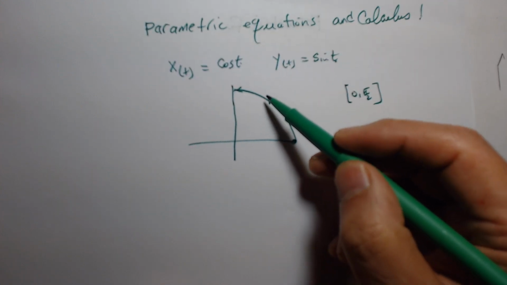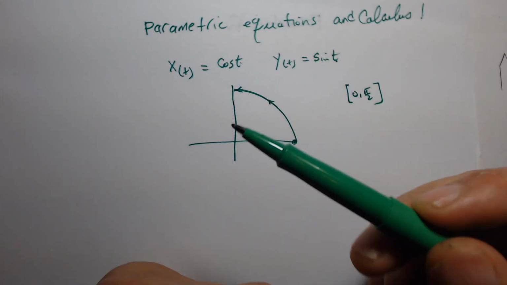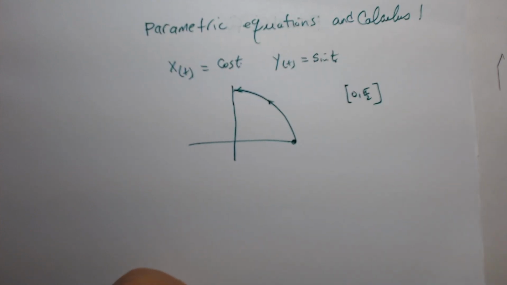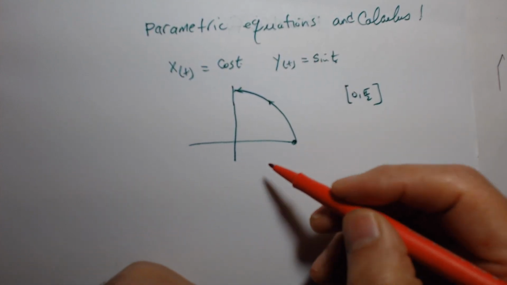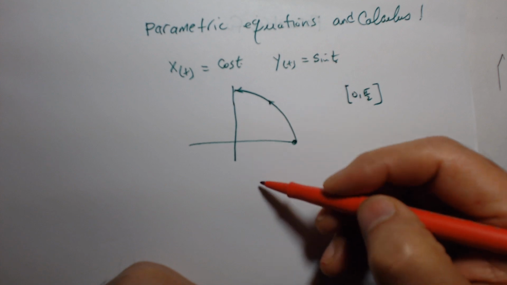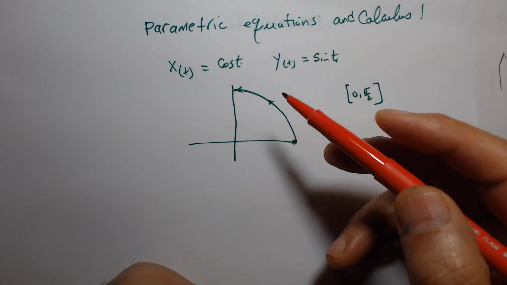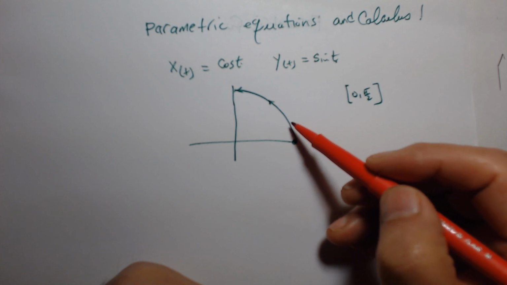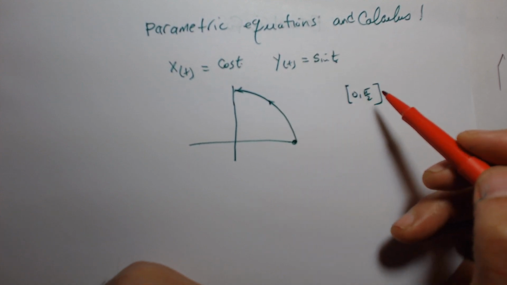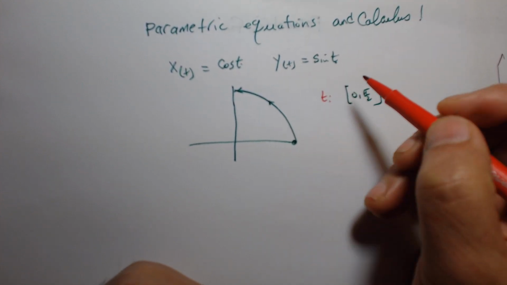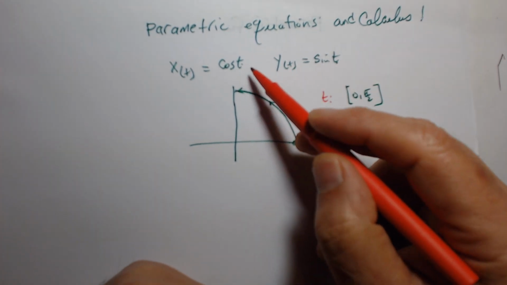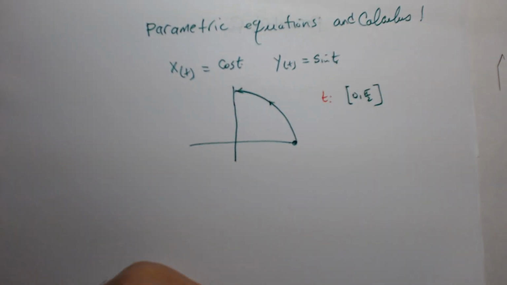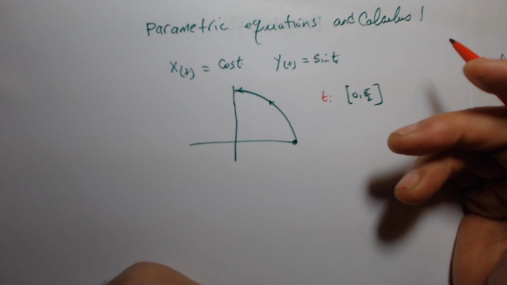But someone said, can I take that path and revolve it around the x-axis and get a solid of revolution? Remember, that's a path where every point corresponds to a t value and also to an x and a y. Therefore, there are three variables involved.